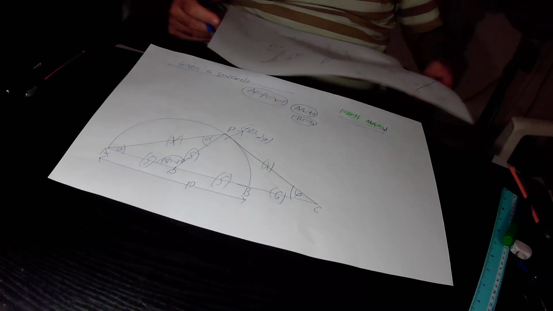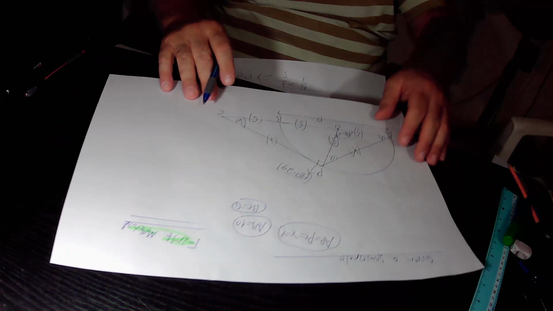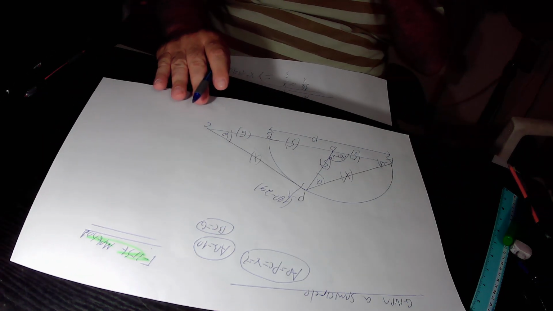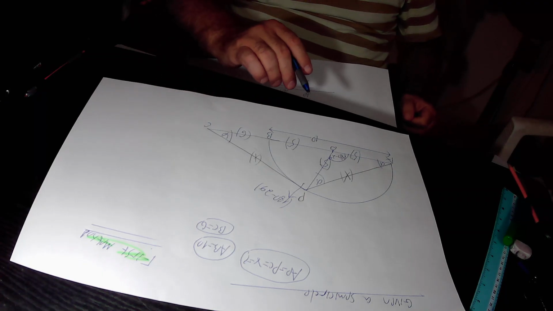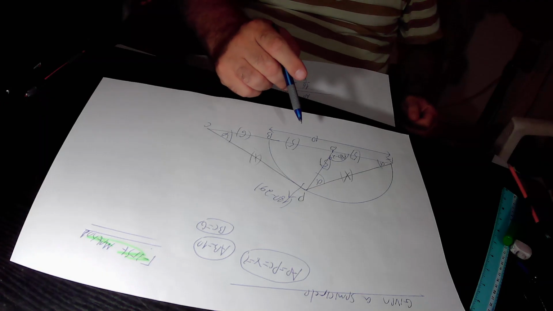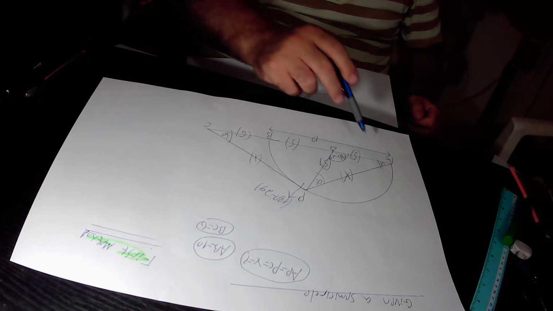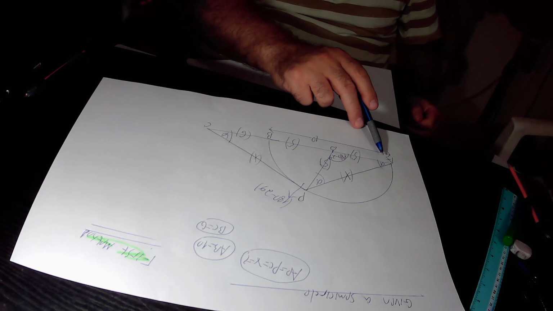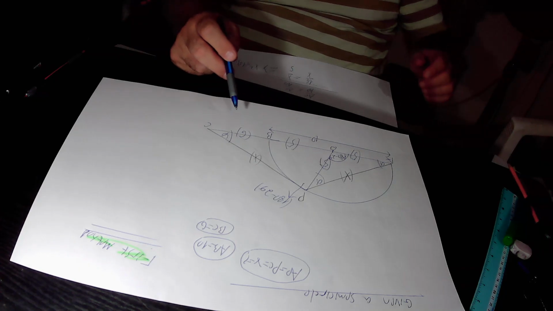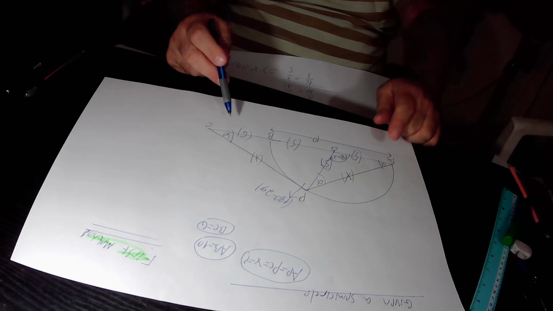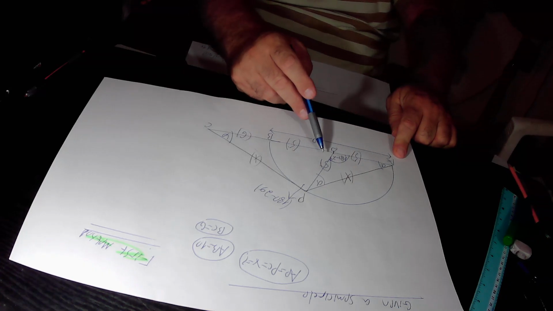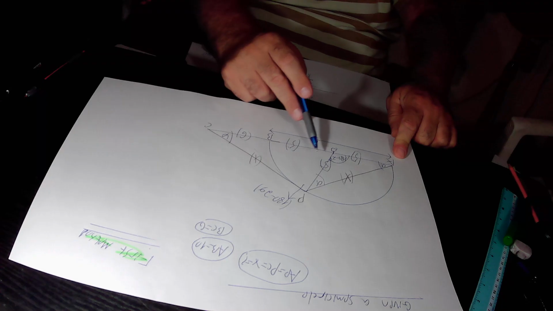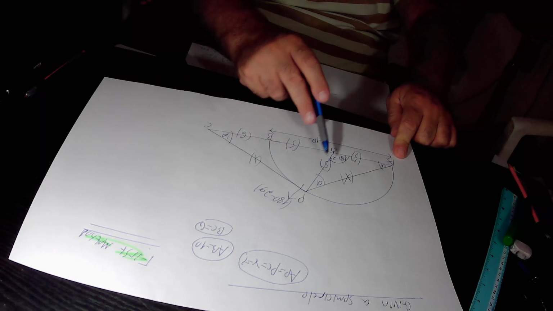So here we have the isosceles triangle APC, but we also have the isosceles triangle APO. Why is triangle APO an isosceles triangle? Because AO equals OP.